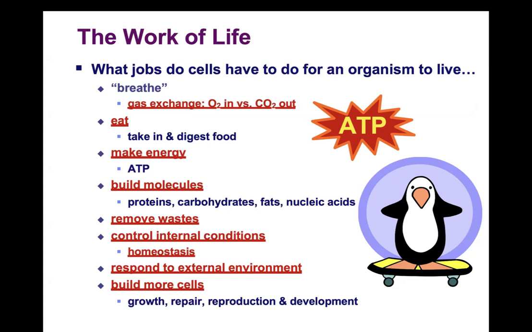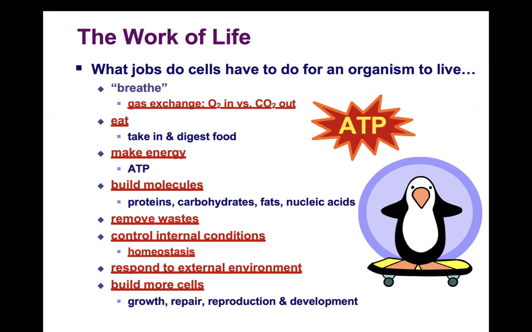So they need to be able to break down those macromolecules we talked about last unit and turn that into energy that the cell can use. And in two units, we're going to talk about how that's done, how we make ATP from macromolecules. But we need to know for now that cells need to make energy from the food that they take in.